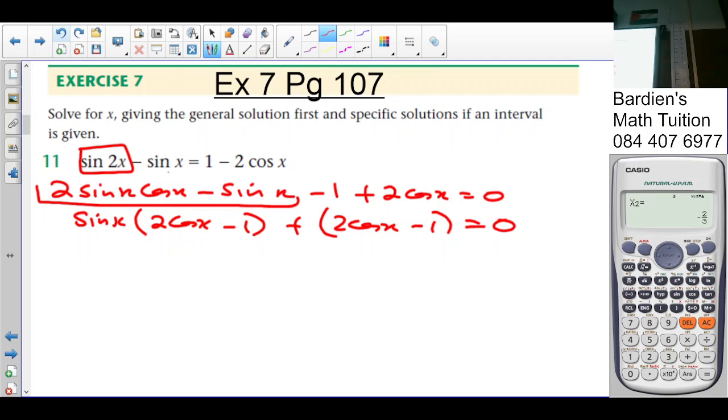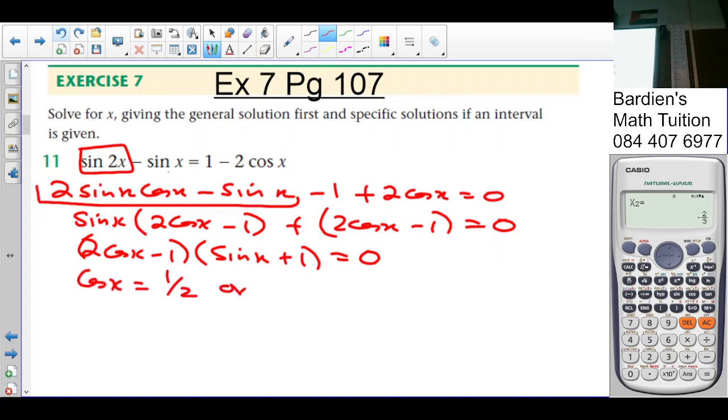It's a common factor. Common factor what? 2 cos x minus 1. What are we left with? Sin x plus 1. So there we got it in the zero factor rule form. So that is going to be cos x is equal to half, or sin of x is equal to negative 1.